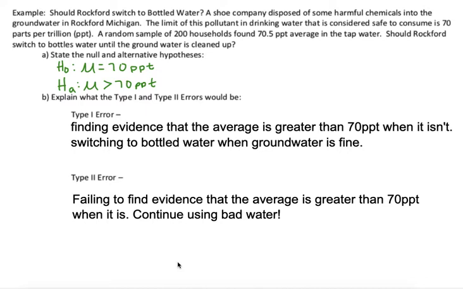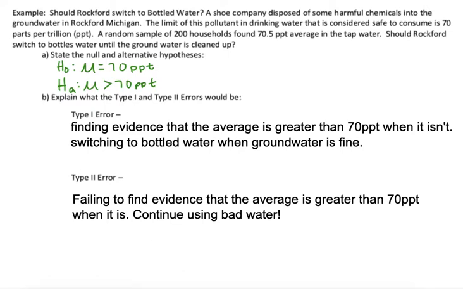If we fail to find the evidence that it's greater than 70 parts per trillion when it actually is, we're going to now put into jeopardy the health of all those residents in that town. Type 2 error in this case is going to have a stronger consequence than a type 1. So I would want to control the probability of my type 2 error by controlling the power there.